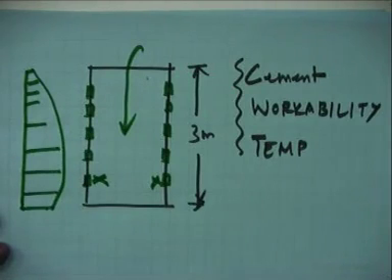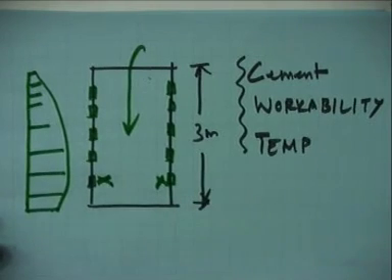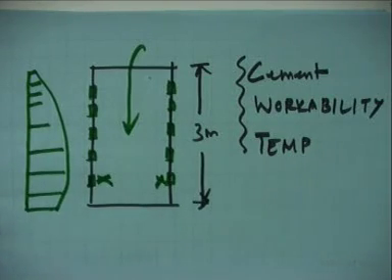Now, they did this experiment over a large period, under different varying conditions. Sometimes they change the slump, sometimes they change the temperature, sometimes they change the cement, sometimes they change other parameters, sometimes they change the method of compaction. Whatever parameter they thought would have an impact on lateral pressure, they conducted experiments using all those parameters.